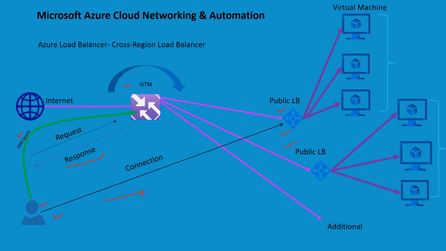This issue indicates some sort of DNS caching at the client end. So if your application needs fast rerouting and you don't want to get into DNS caching issues, then you are definitely going to choose the cross-region load balancing solution.